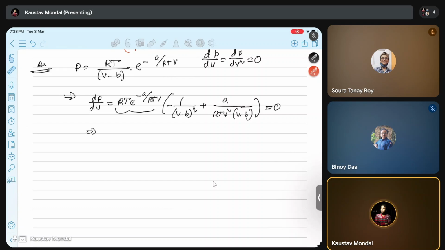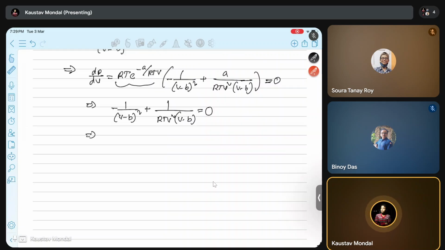So you can write this as 1 by V minus B whole squared plus 1 by RT V squared into V minus B equals 0. Now write this in a simpler way by multiplying V minus B whole squared on both sides. By doing that, you will get A into V minus B into RT V squared equal to 0.